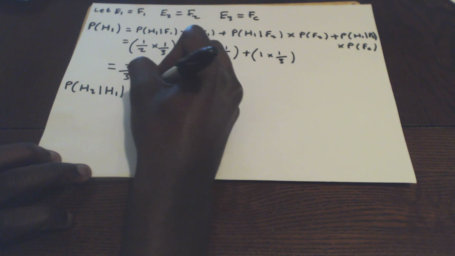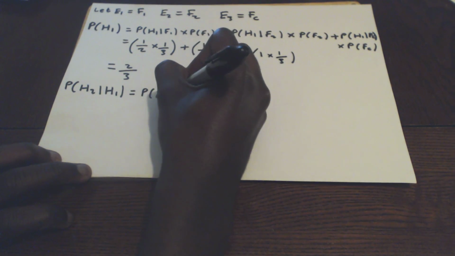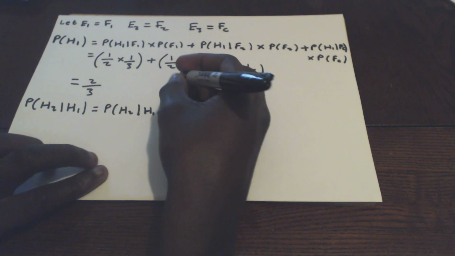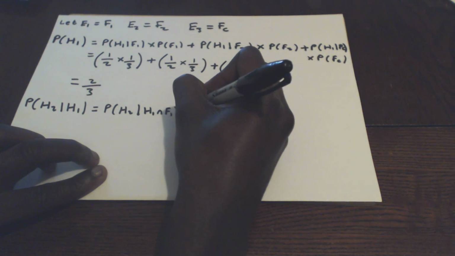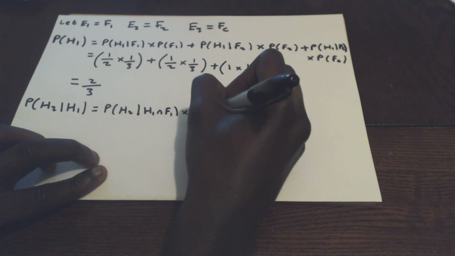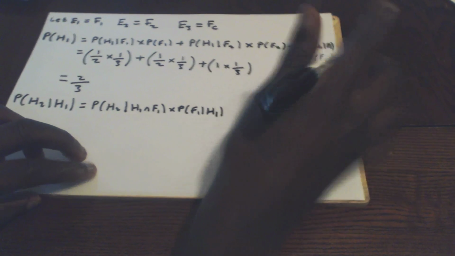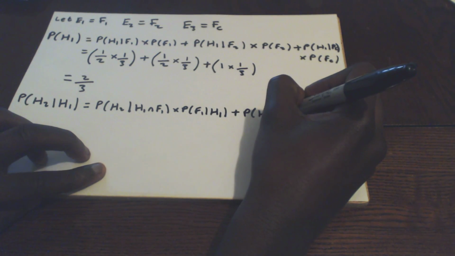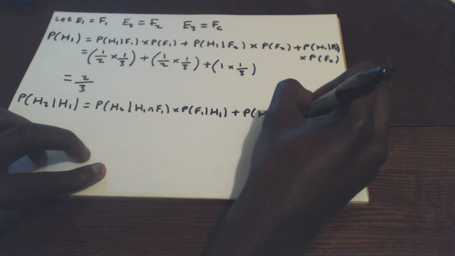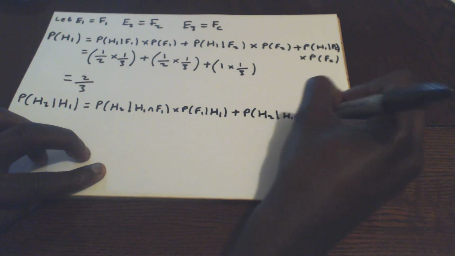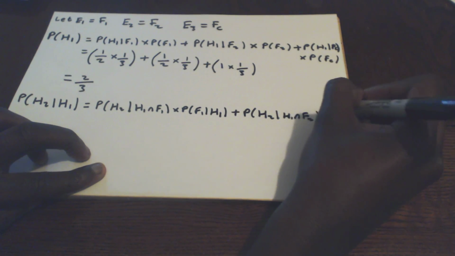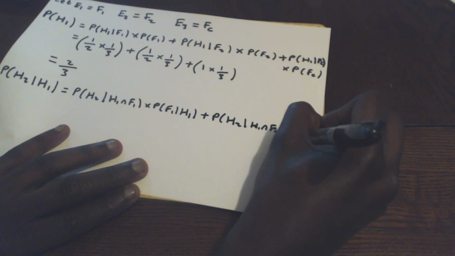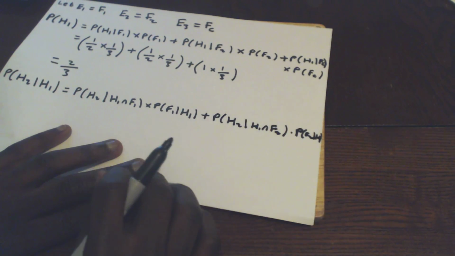It's going to be the probability of H2 given H1 intersection F1 times the probability of F1 given H1, plus the probability of H2 given H1 intersection F2 times the probability of F2 given H1. That is not clear at all.